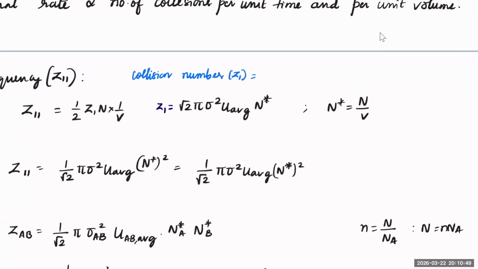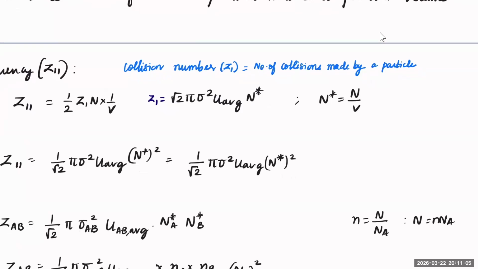Z1 basically represents the number of collisions made by one particle in unit time. In unit time, how many collisions one particle is making, that represents the collision number.